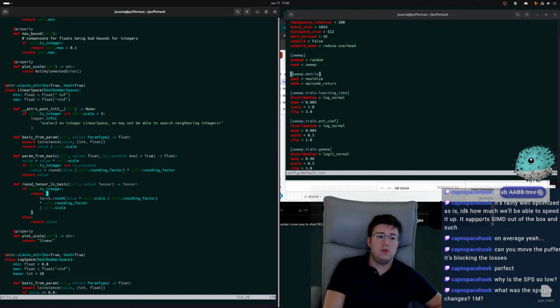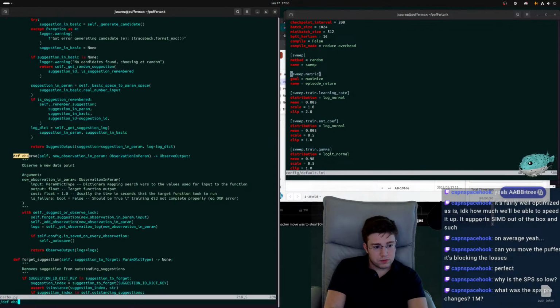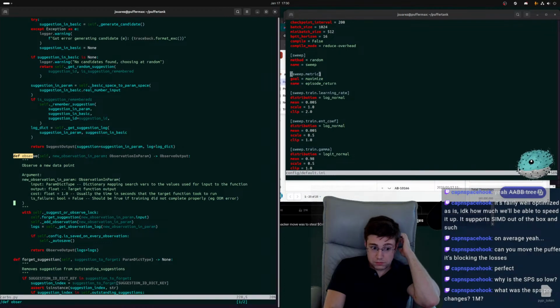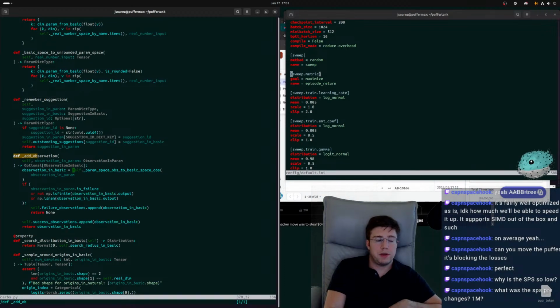And then when they do .observe, add observation, they convert it to basic space again.